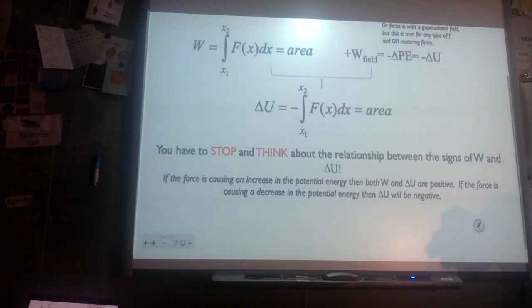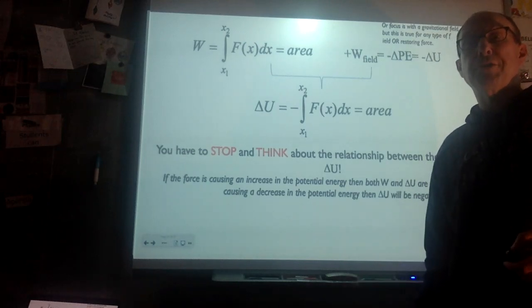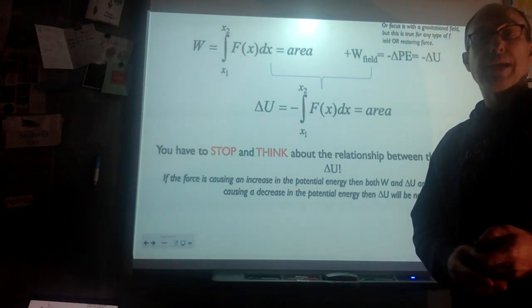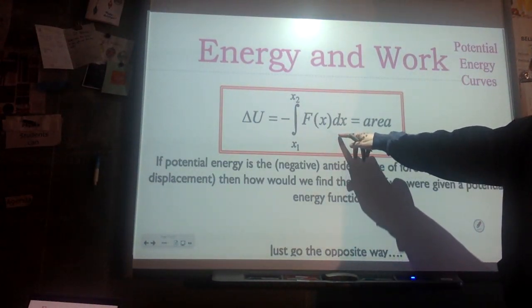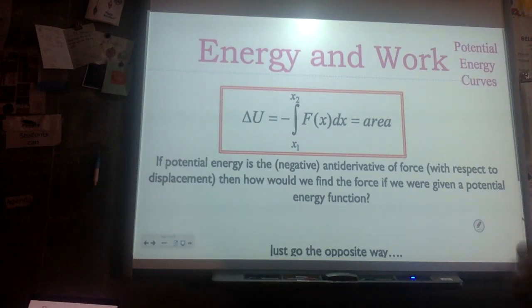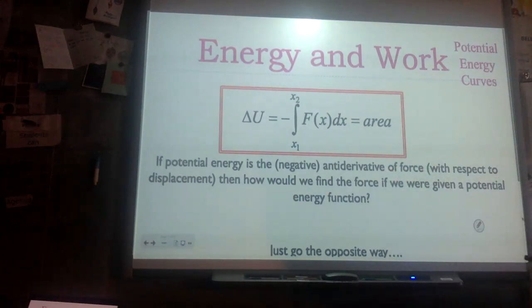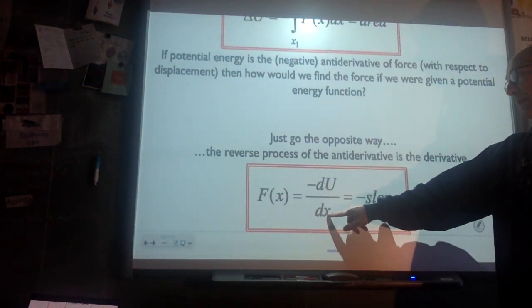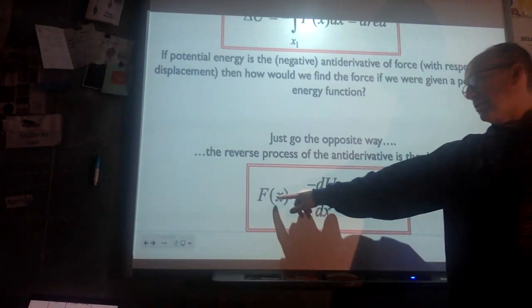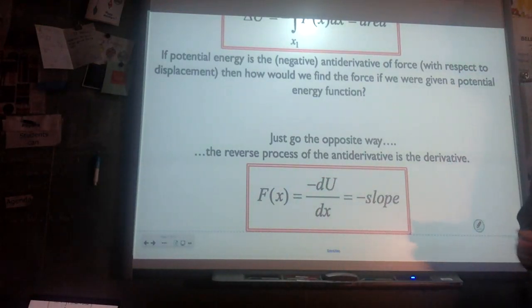And you really want to think about the relationship between the signs of the potential energy and what the work is. So if the potential energy is our antiderivative, just another name for integral, I can go in the opposite way and say that the derivative of U with respect to x is going to be equal to negative Fx, or Fx is going to be equal to negative dU/dx.